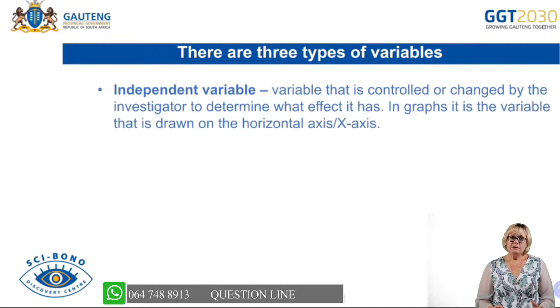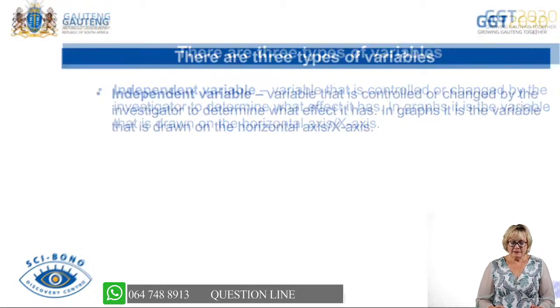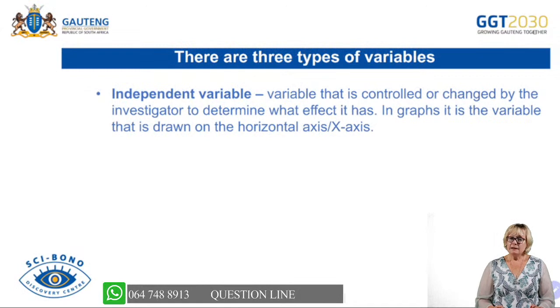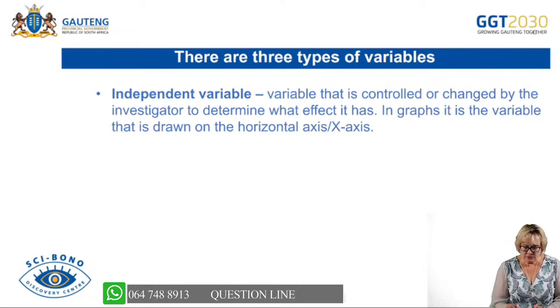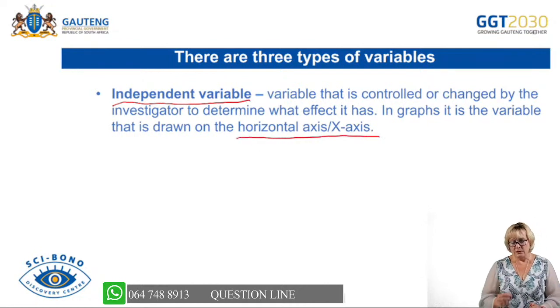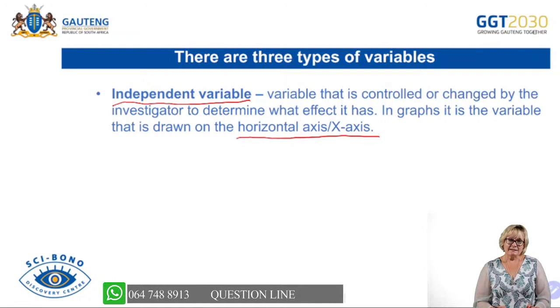First of all, we're looking at the independent variable. This variable is controlled or changed by the investigator to determine what effect it has. In graphs, it's the variable that is drawn on the horizontal axis or the x-axis. So very important, remember now, the independent variable you're going to find on the horizontal axis or the x-axis.